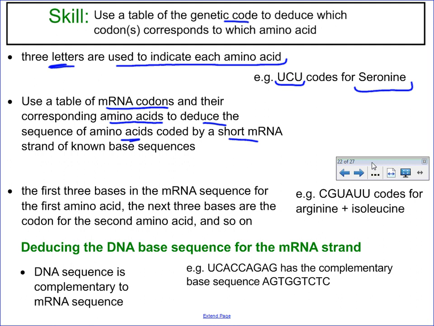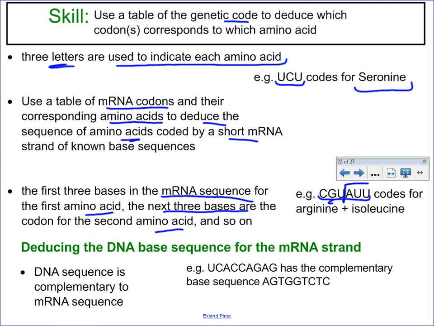So the first 3 bases in the mRNA sequence for the first amino acid, then the next 3 bases for the codon in the amino acid would be read, and so on and so on. So if you had the short sequence of CGU, those first 3 bases would be used to figure out what amino acid would be coded for, which in this case would be arginine, according to the chart.